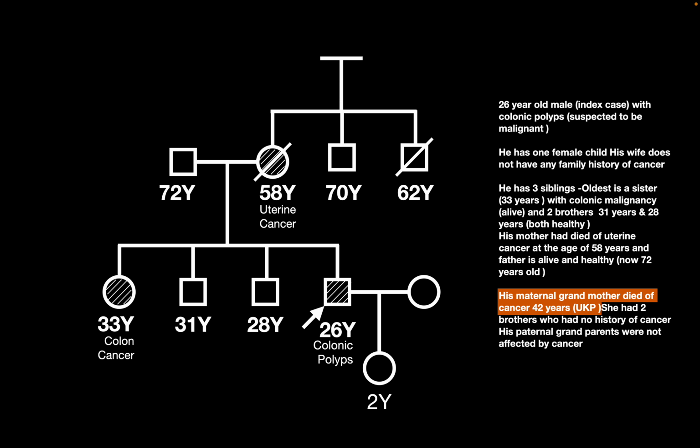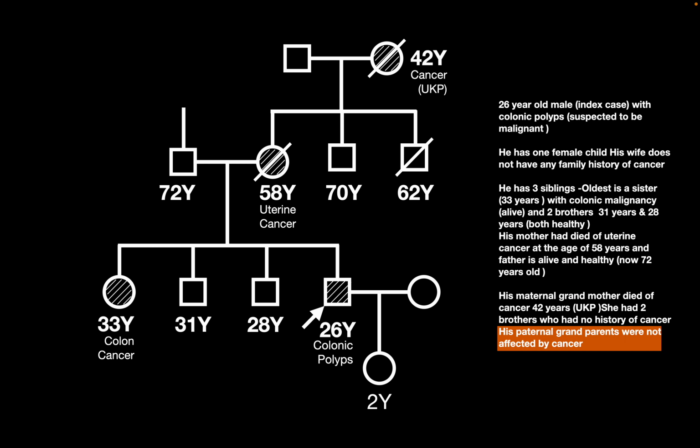The index case or the patient's maternal grandparents. Maternal grandmother had died of cancer of unknown primary at the age of 42 years. However, his maternal grandfather is alive and healthy. His paternal grandparents were not affected by cancer.